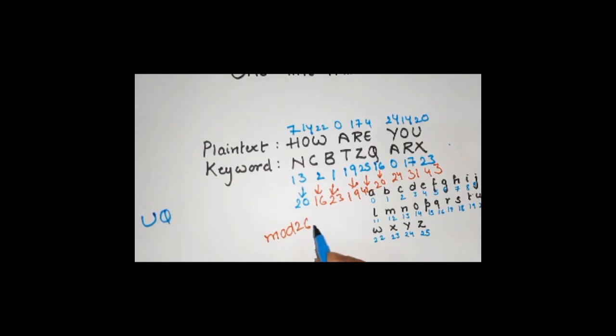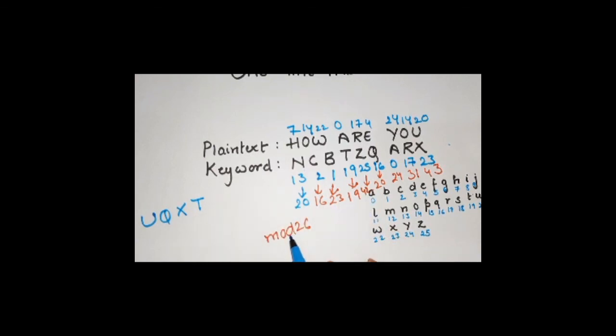Then 23 mod 26 will be 23 itself, the alphabetical value for 23 is x. Please see from here, 23 x. After this we have 19. So 19 mod 26 will give me 19. So alphabetical value of 19 is t. Okay, t.